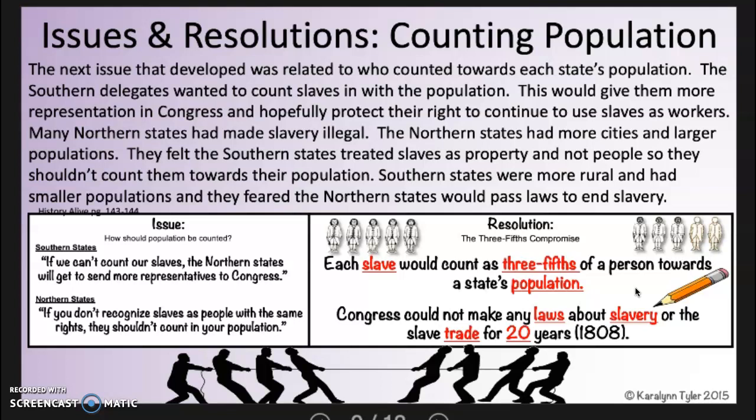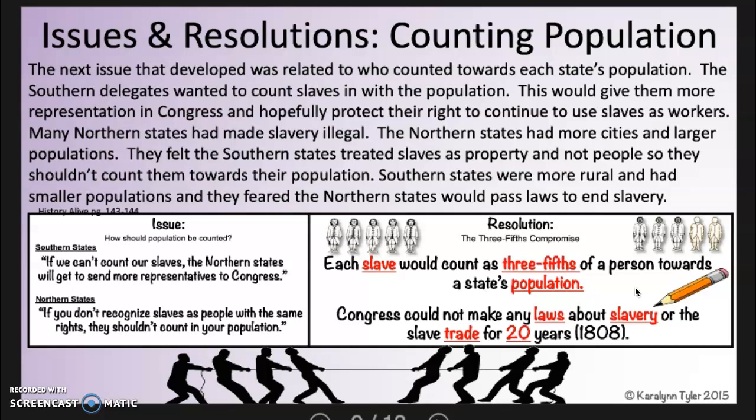So that way, the southern states kind of got what they wanted to count their slaves, at least partially, and the northern states kind of got what they wanted, where the slaves didn't count fully into the overall population of those southern states. The issue of slavery was a difficult one at the Constitutional Convention because many of the northern delegates wanted to completely outlaw it and get rid of it.